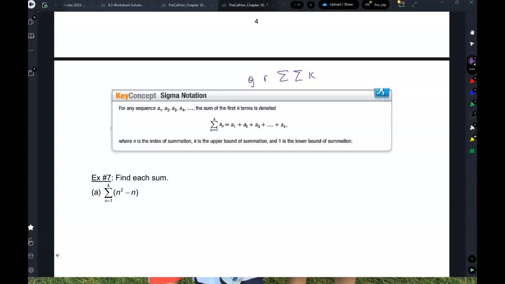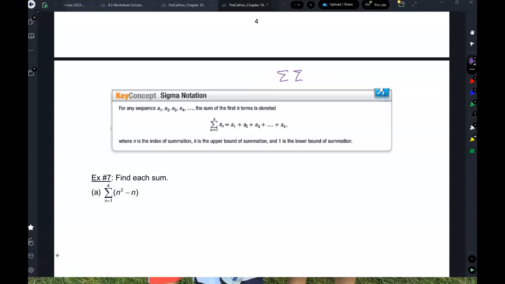Those are two S's. That's like saying GRSSK. I would boycott it because it's just silly. If you're going to use this stuff, use it for real. Okay. I have several examples of this. After I teach, I'll show you another one.